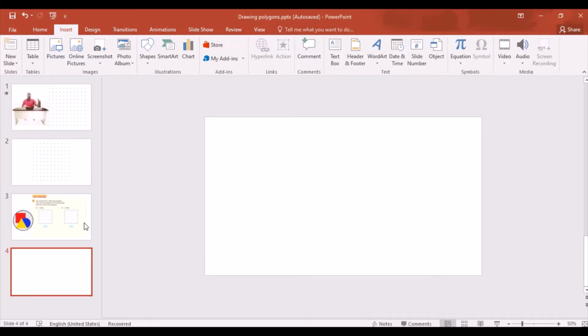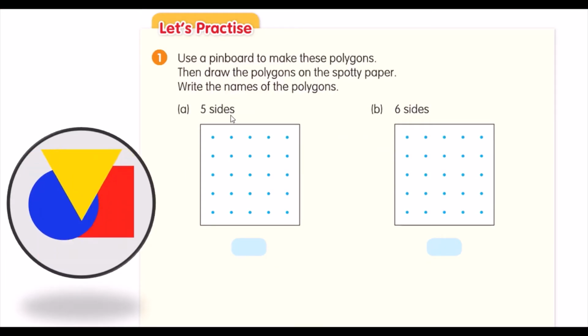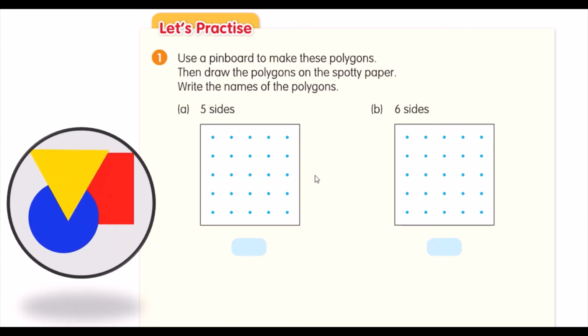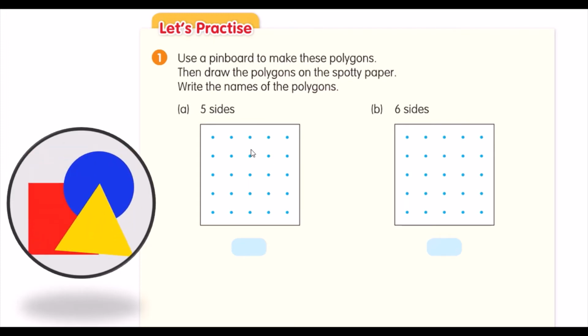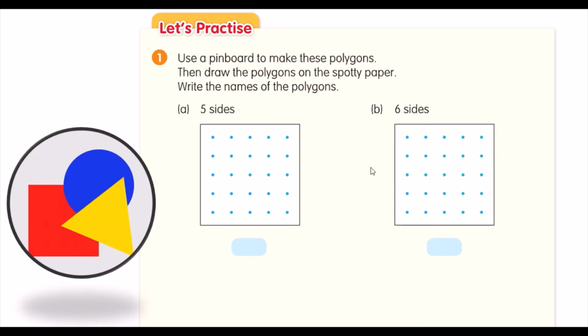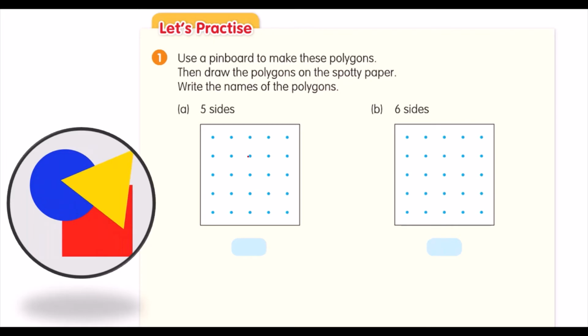Okay, let's try to do one thing together here. For example, I need to make my five-sided polygon. So in this case, I need to connect the dots together so I can make my five-sided polygon. Let's try and do it together. So I have my dots.